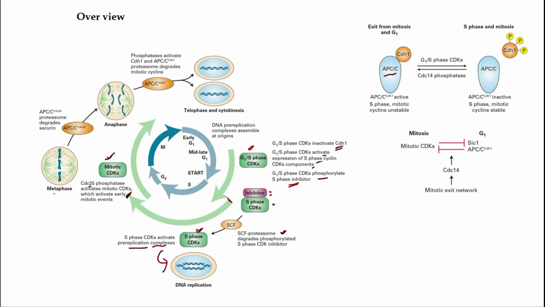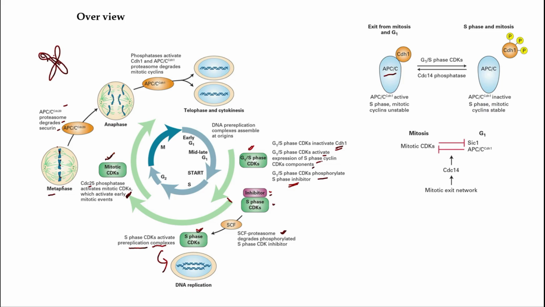Now we can see what happens in the metaphase: the chromosomes are present at the metaphase plane, and the cell is ready to divide. When the chromosomes can separate into two parts, the APC-CDC20 proteasome degrades securin.